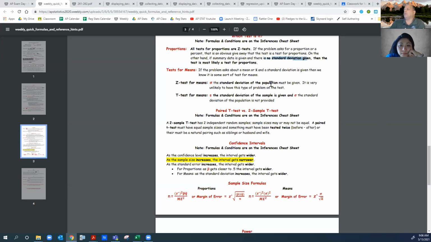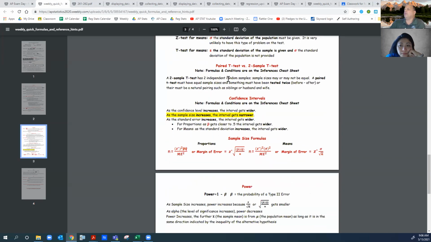We've already talked about the z-test and t-test. Paired t-test versus a two-sample t. A two-sample t has two independent random samples, and you're going to look for that word, two samples. It's really important. In a paired test, there's a natural pairing or matching going on.